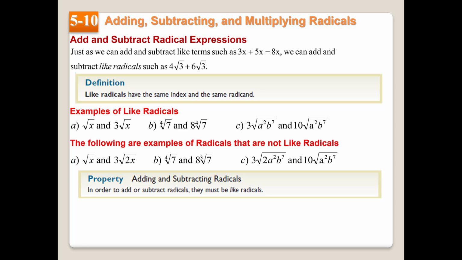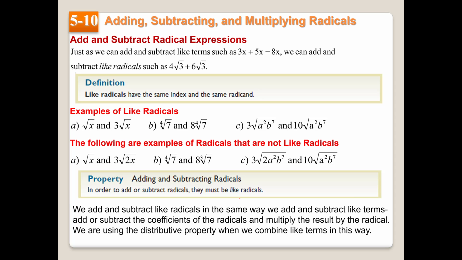So the property of adding and subtracting radicals. In order to add or subtract radicals, they must be like radicals. Again, the key thing here is like radicals. We add and subtract like radicals in the same way we add and subtract like terms, so add or subtract the coefficients of the radicals and multiply the result by the radical.